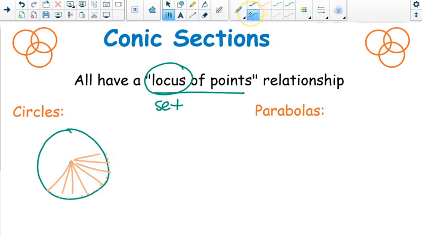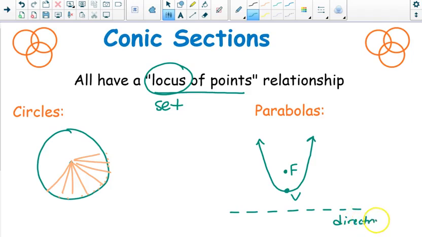And a parabola also has a locus of points relationship. You might remember from when we studied parabolas in chapter 2 that we have a vertex, of course, but we also have a focus. And the point and distance relationship is that, if I draw in my directrix here, the distance from the focus to any point on the parabola equals the distance from that point on the parabola to the directrix.